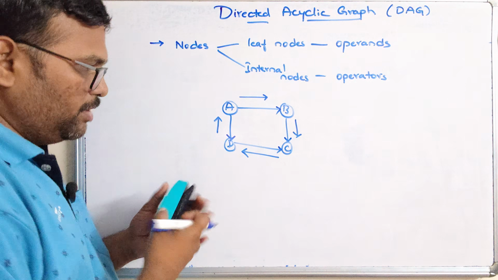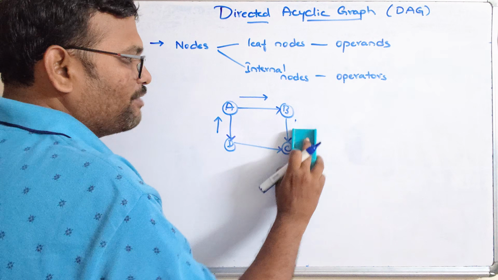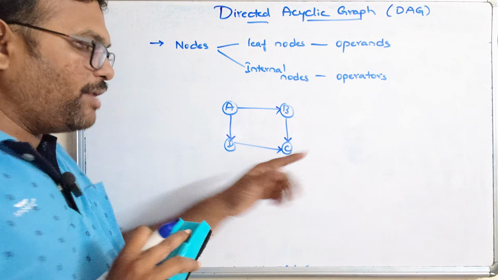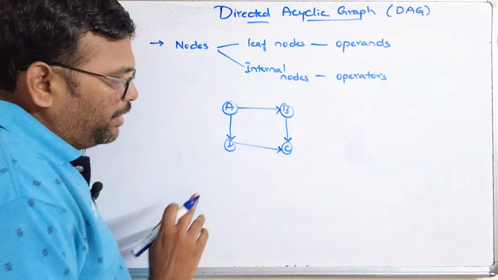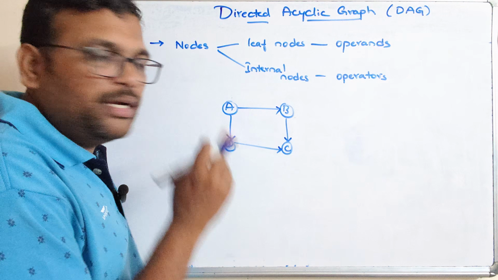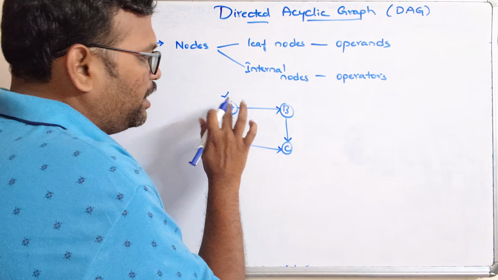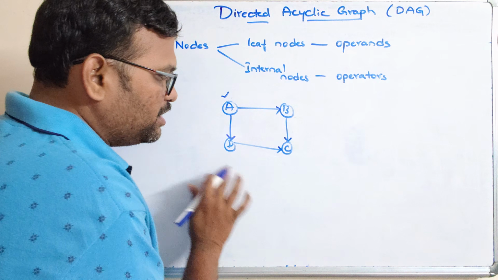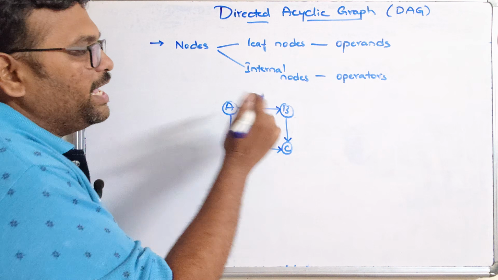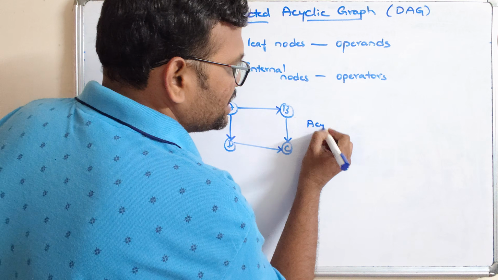Now you can observe this is a directed graph because each and every edge has an arrow, each edge has a direction. Also if you go from A to B and B to C, and there is no path from C to A, this is an acyclic graph.